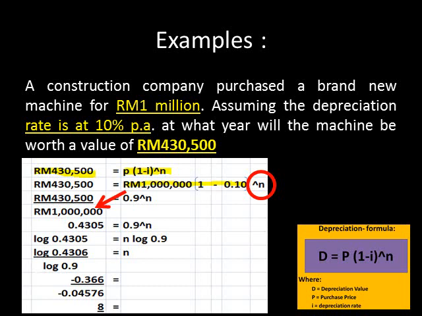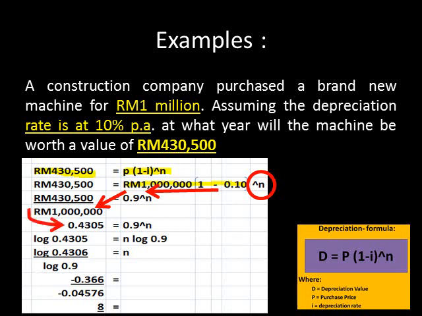You need to remember, if you bring the right side to the left side, it becomes the opposite operation. You can see that when we move to the other side. This is how to get 0.9, which is actually 1 minus 0.10.